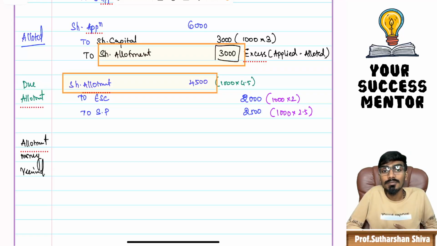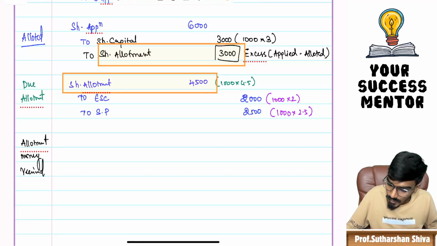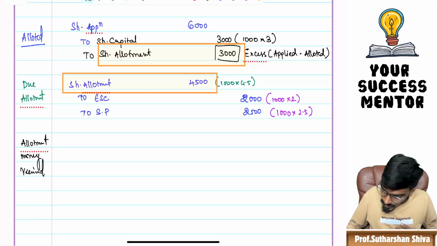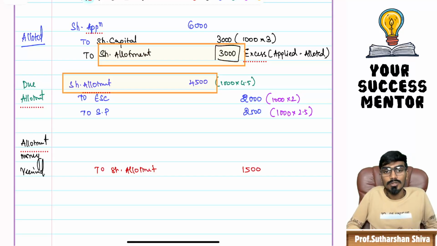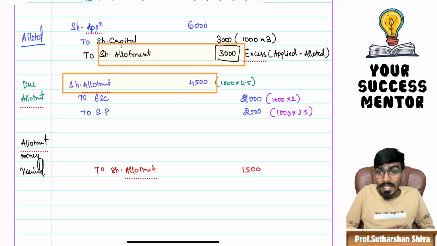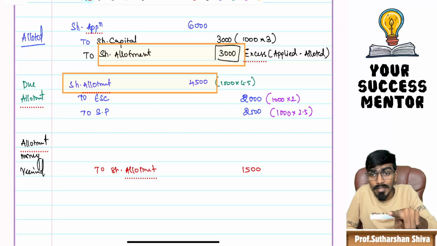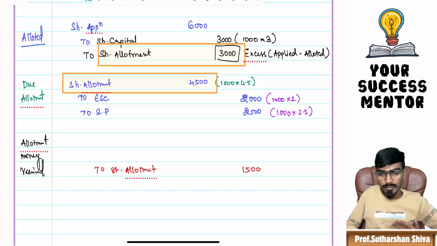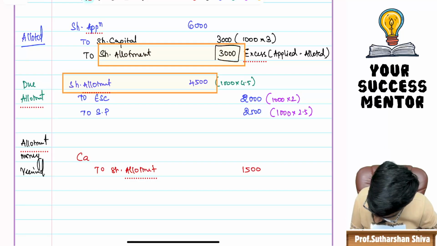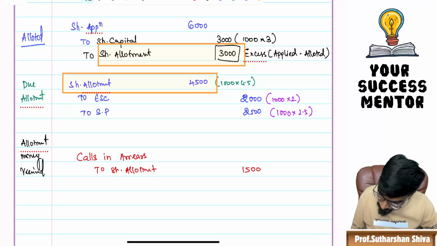How much is the excess on the debit side? 1,500, sir. That is to be reversed. So to share allotment, you should not write 4,500. You should write 1,500. Whether this 1,500 is paid by Hemant or not? Not paid, sir. So what will you write? Call arrears, 1,500.